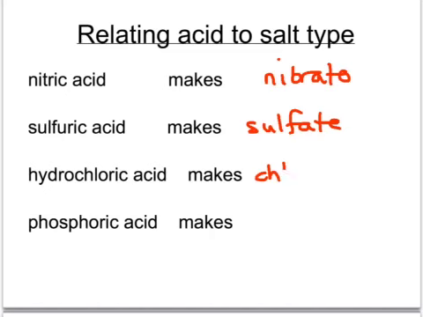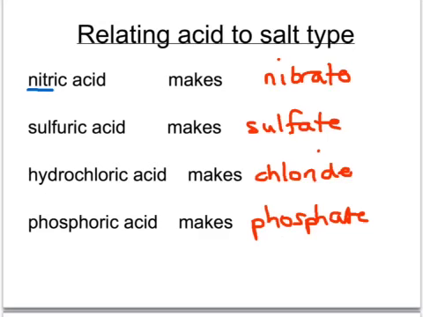Hydrochloric makes a chloride, and phosphoric makes a phosphate. So the clue really is in the name. So for example, nit, sulf, chlor, phos.